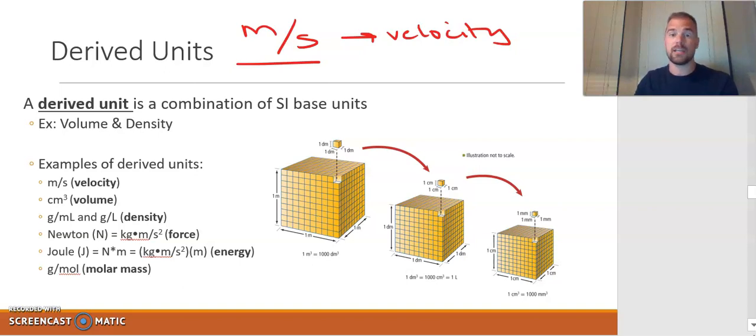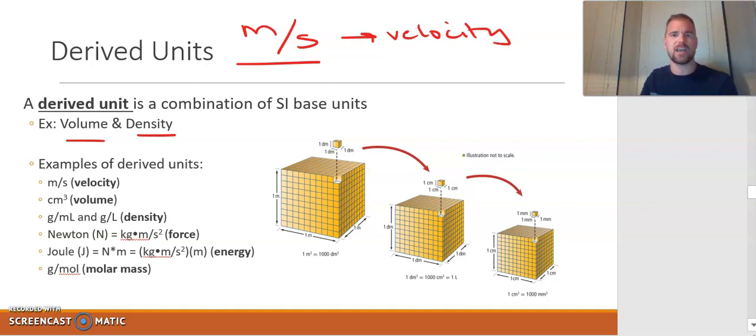Velocity isn't the only example. In fact, most units are derived units because they're combinations of those SI base units that we saw previously. Two examples of derived units that we'll see are volume and density. For example, volume. If you think about what volume actually is, volume is simply a length times a width times a height.